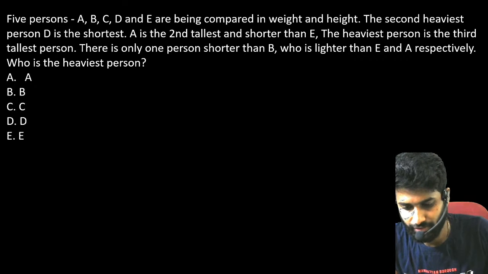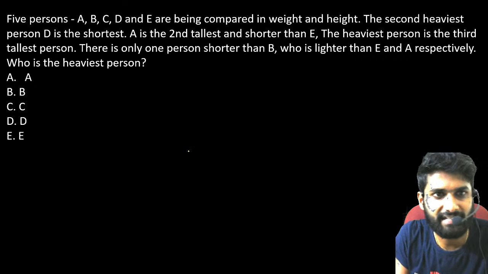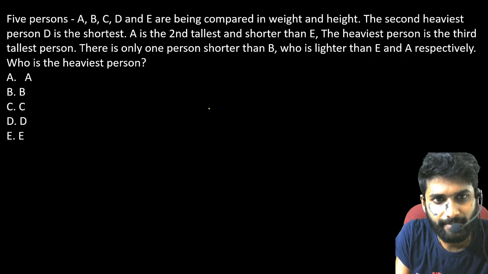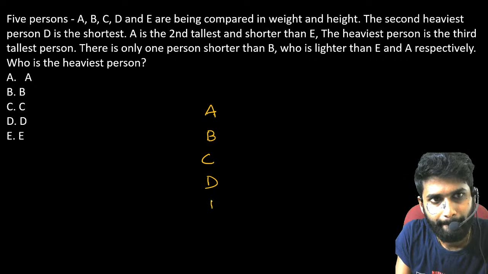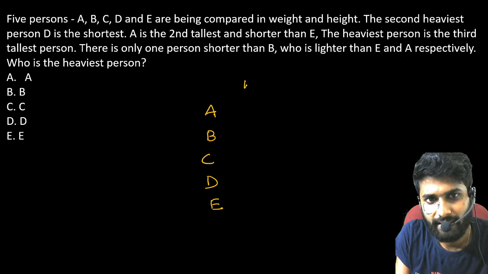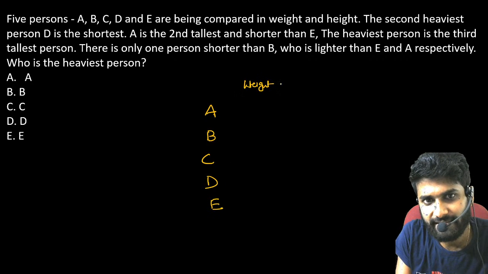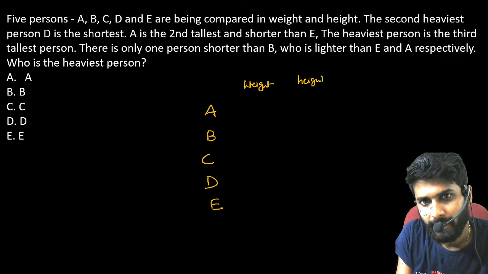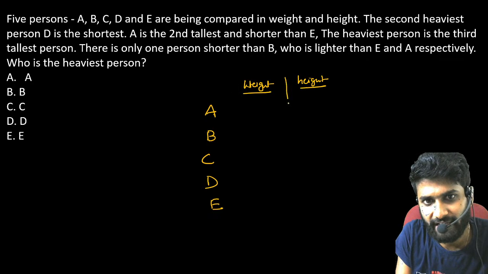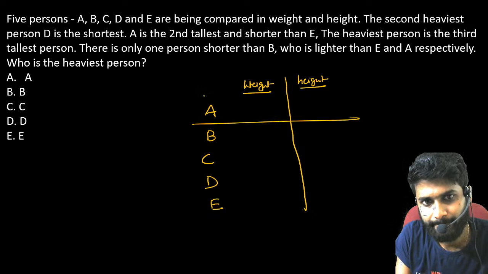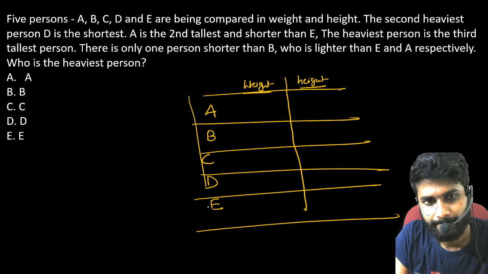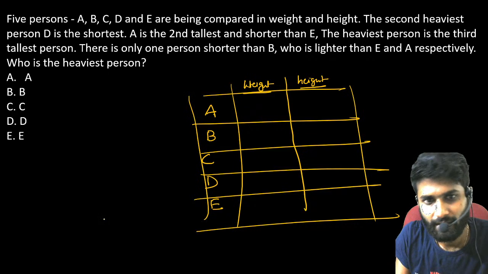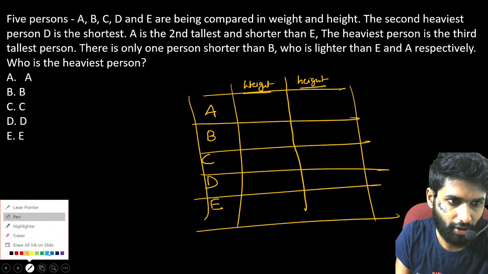The comparison is related to heights and weights. There are 5 persons. Make a seat sheet: A, B, C, D, E. The comparison is related to weight and height, where the highest weight and the topmost height are considered first rank. So this is the box, and go through the information.